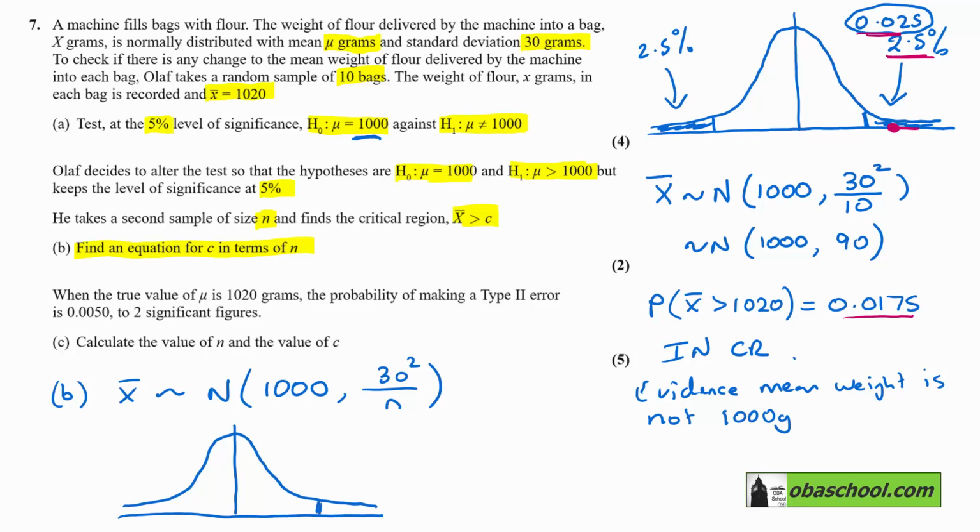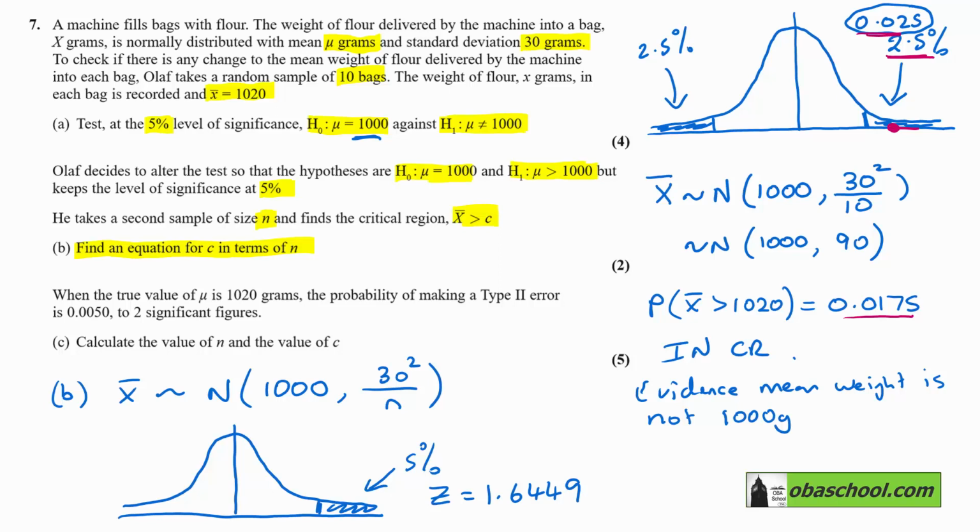So in other words, it's going to be down here, such that this is 5%. Now, our standard normal value for that, which we can look up from the percentage points table, is 1.6449. We can calculate that on our calculators in all likelihood as well.